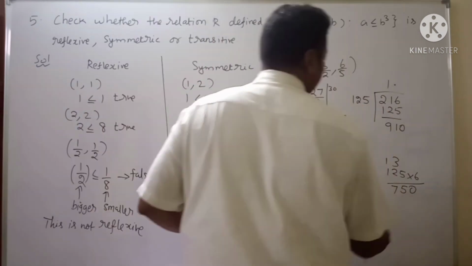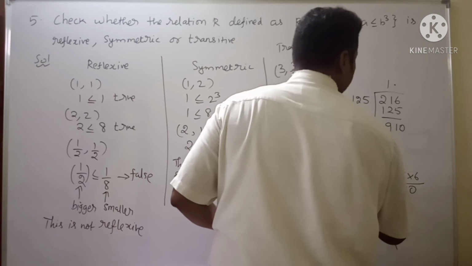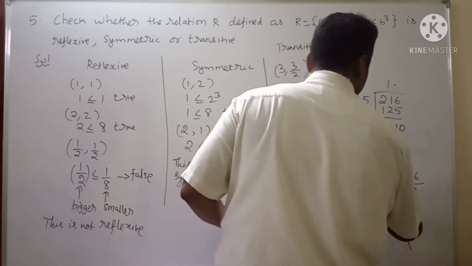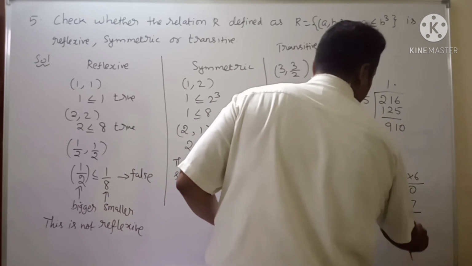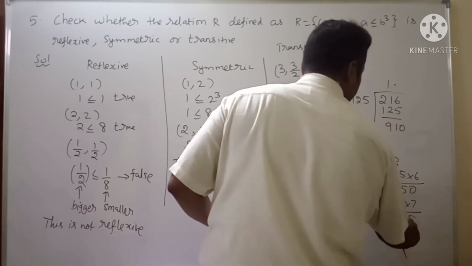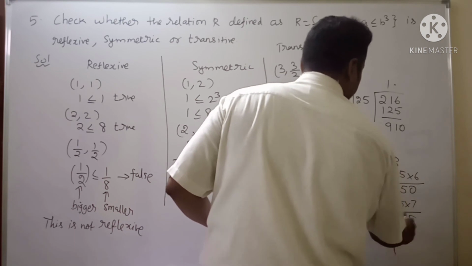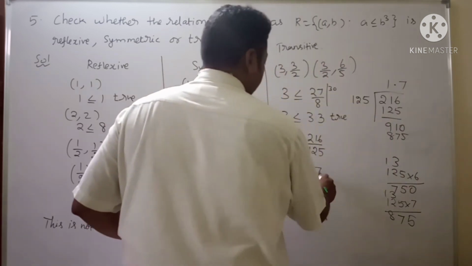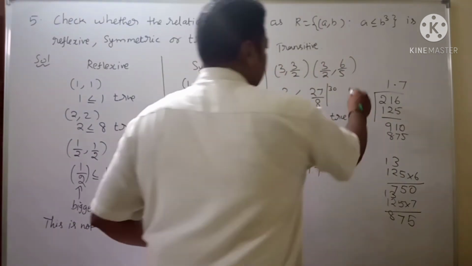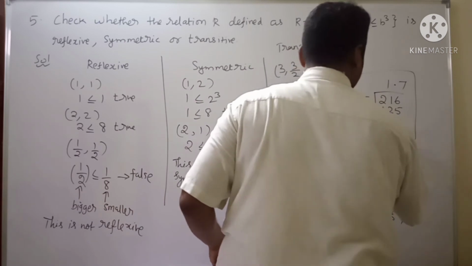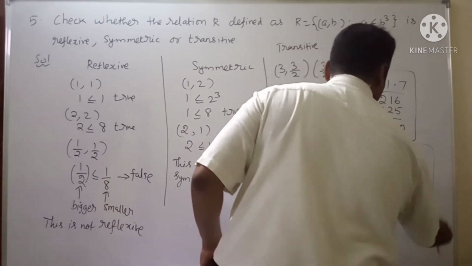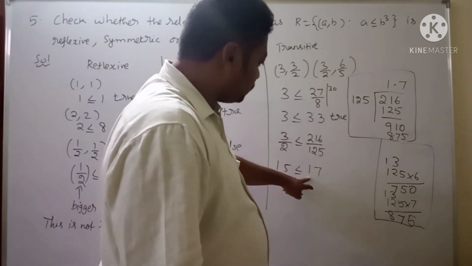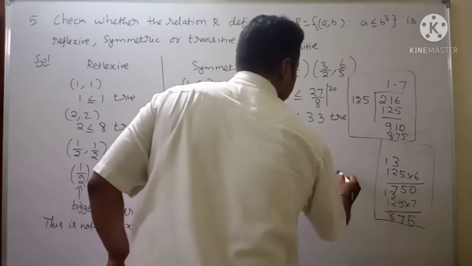How many times do we get? 7, so we'll check for 7 times. 7 fives are 35, 3 sevens are 14, 17, 8. So we will get 1.7. So while dividing this, the value of 216/125 is 1.7. So this is also true.